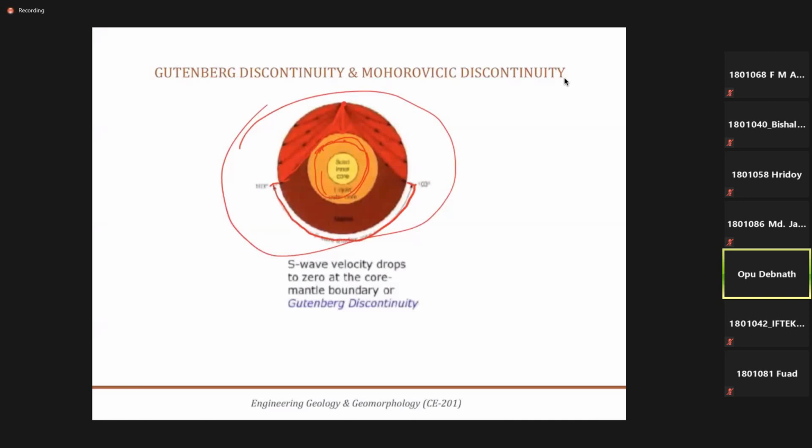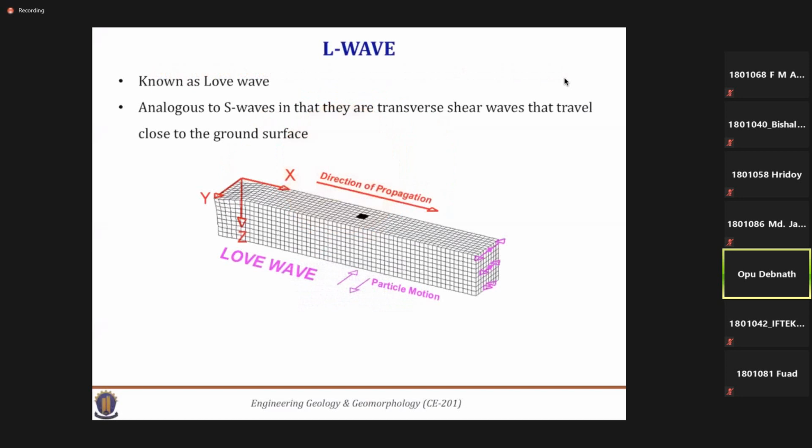Similarly, if the point of propagation is here, the S wave can only travel through a certain area. That means for this point, it will cover only a certain portion. Okay, so this is the Gutenberg discontinuity. And the next one is the L wave, commonly known as the Love wave.